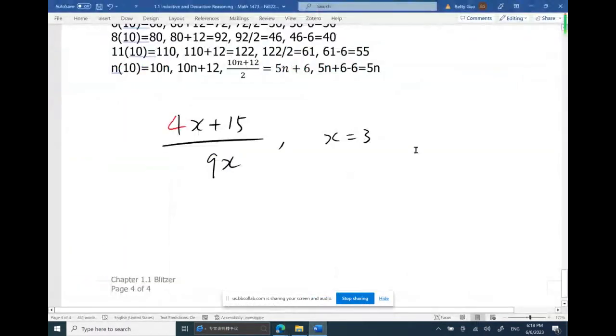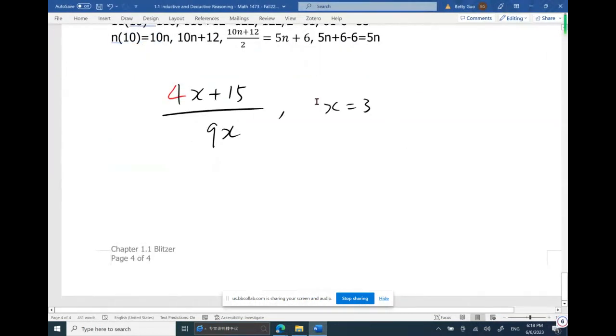Plugging in is a very important technique. The expression has a variable x, so the value of the expression depends on the value of x. In order to know the value for x equals 3, we have to substitute 3 for x in the expression, right?